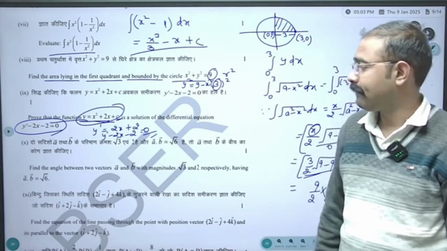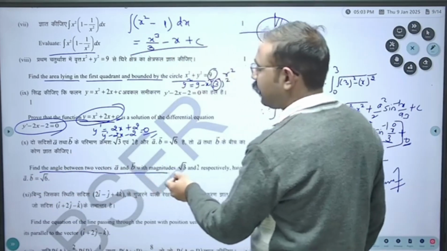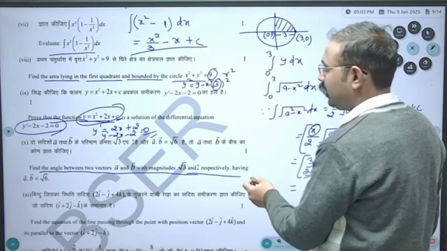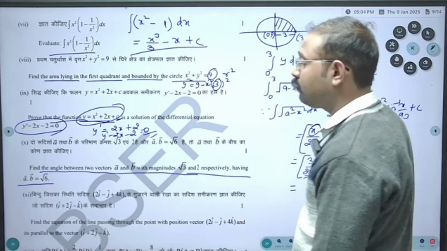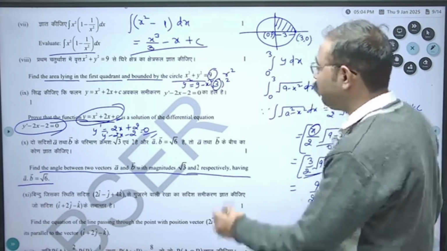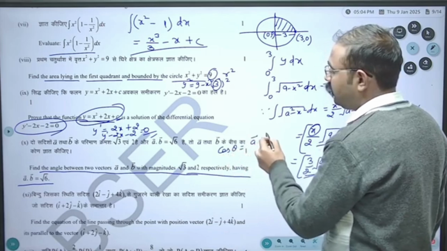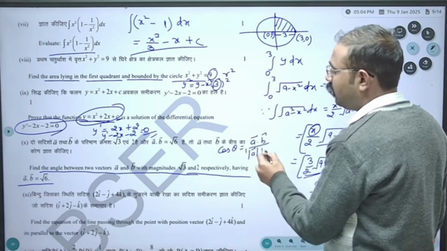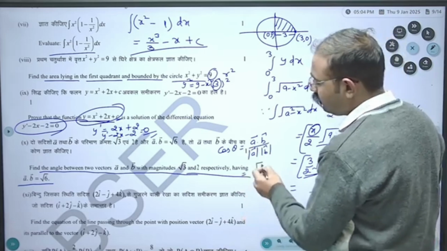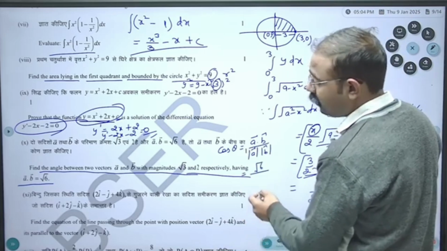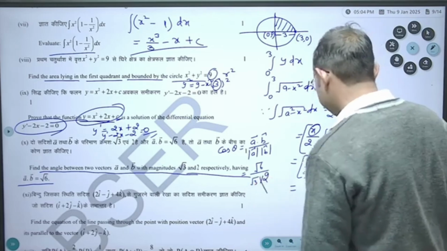for which our function y equals x squared plus 2x plus c is the solution. Next is: find the angle between two vectors a vector and b vector with magnitudes root 3 and 2 respectively, having a dot b equal to root 6. So if the dot product is given, then the angle between both vectors is cos theta equals a dot b upon magnitude of a into magnitude of b. a dot b is given in the question as root 6, magnitude of a is root 3 and magnitude of b is 2.